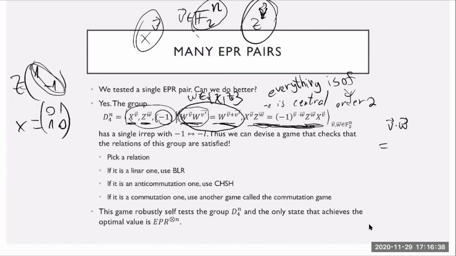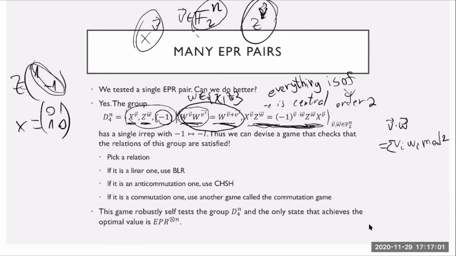You chose some basis, so this is just the sum of v_i w_i modulo 2. The v_i's and w_i's are just zeros and ones. You take the multiplication of them, you sum it up, you take mod 2. This is what defines whether they are commuting or not commuting.